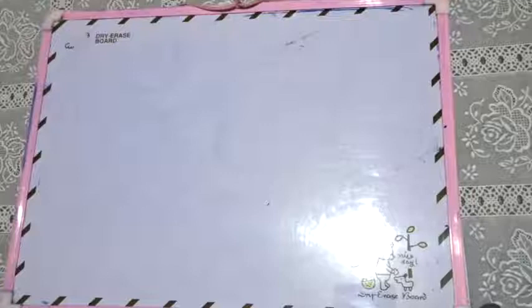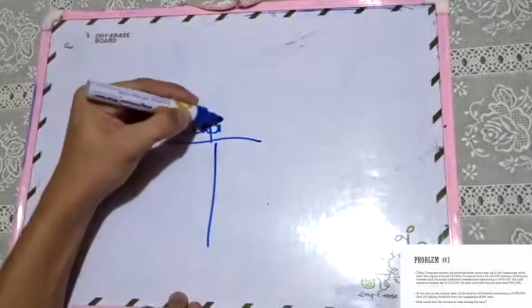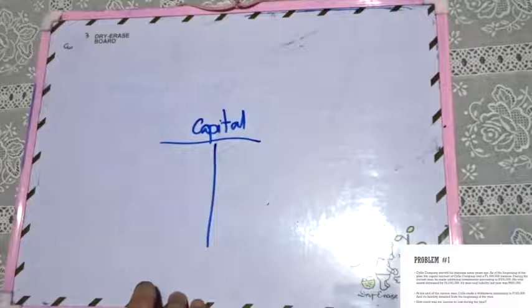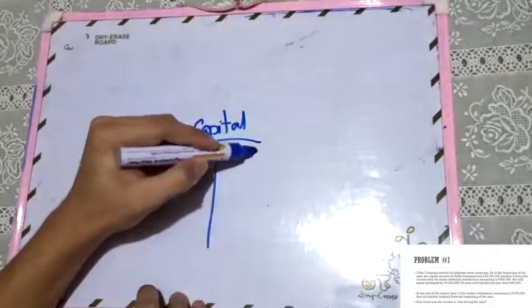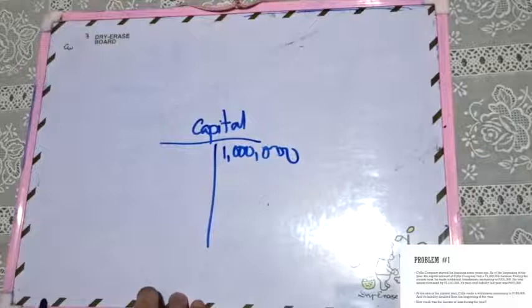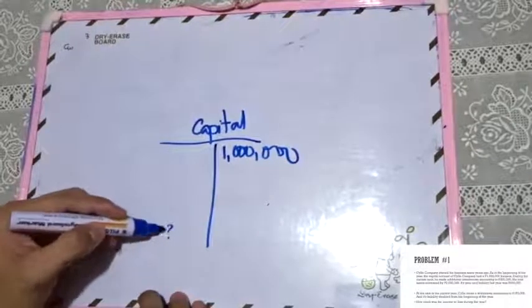So the T account that we will use would be the capital account. We write the beginning and ending balances. In the problem, however, what's given is only the beginning balance of 1 million. The ending balance is not given.